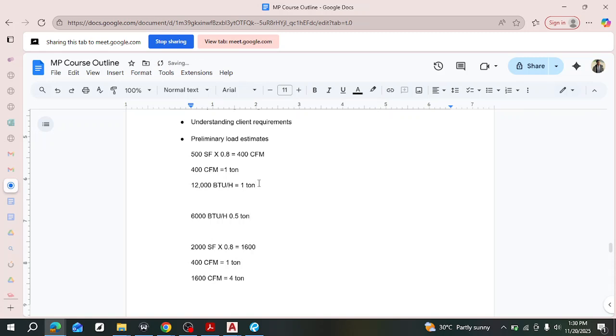Basically, what I mean is that most times for mini splits, you don't really deal with the CFM. More importantly, you design with the heating, because what you're doing in a mini split is selecting the size and number of mini split units, the AC in that room. So you don't always focus on the CFM.